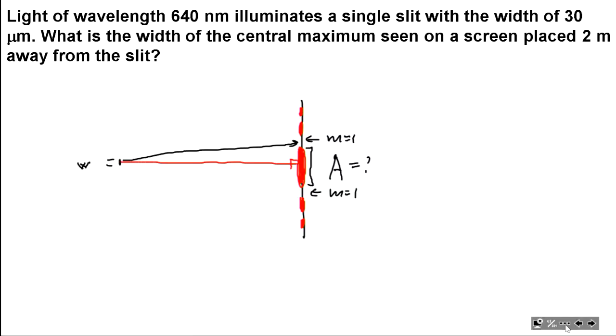It hits the screen in the middle of the spot. This is theta 1. The equation which relates the mth minimum angle, wavelength, width is this. So we can use this equation for the first minimum, first.